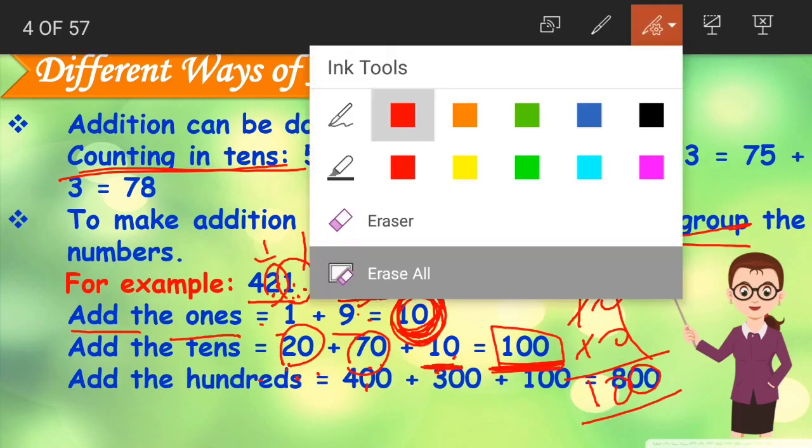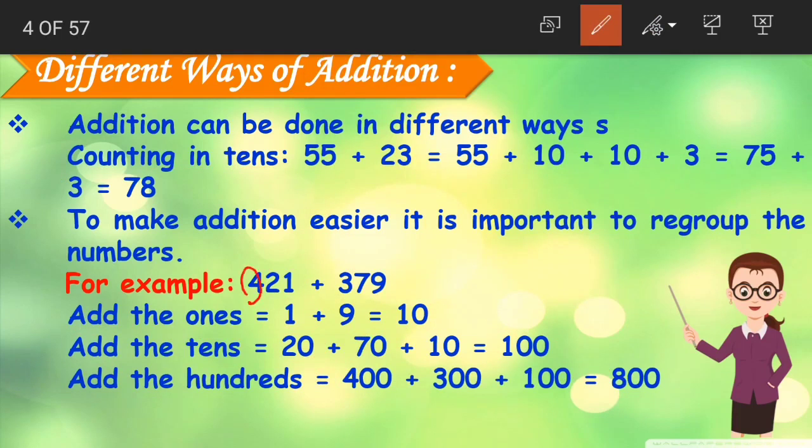Moving on. After tens, what do we have? We have hundreds. Right, children? We have 4 in hundreds place, so its place value becomes 400. And then we have 3 in hundreds place. Its value becomes 300. Again we got 100 by adding up the ones and tens, so we are adding that 100 here as well.